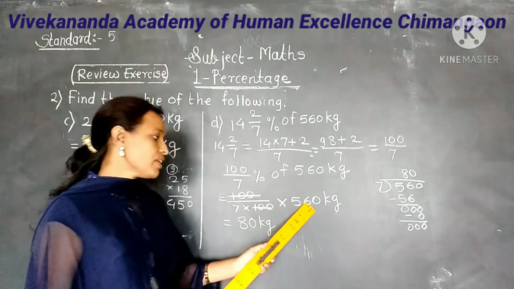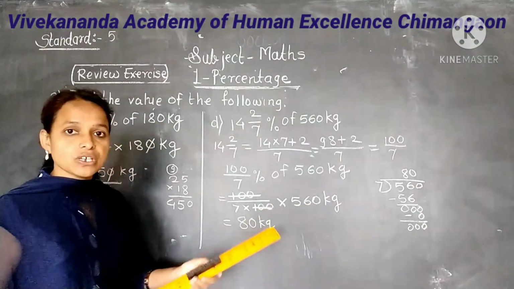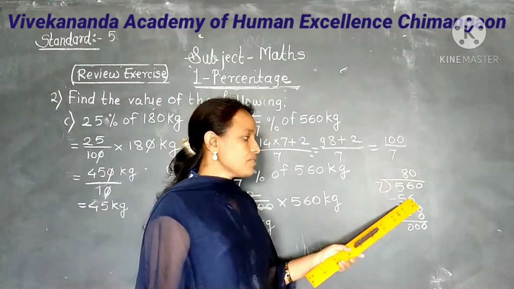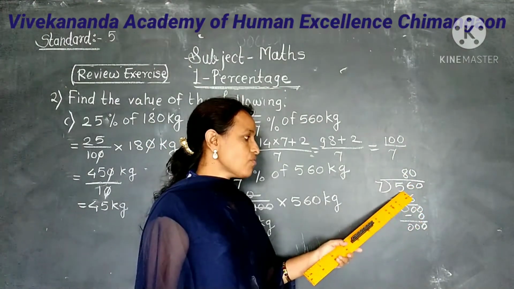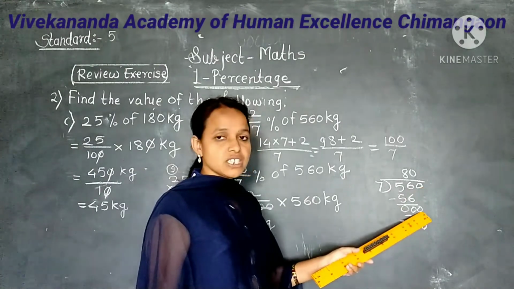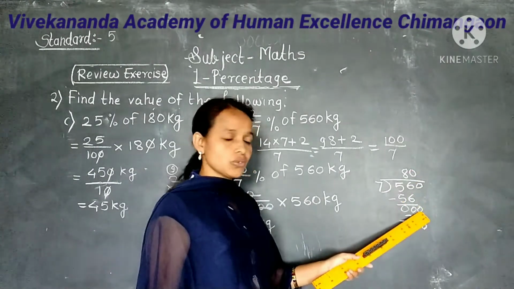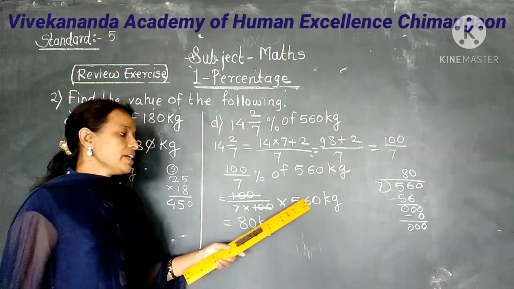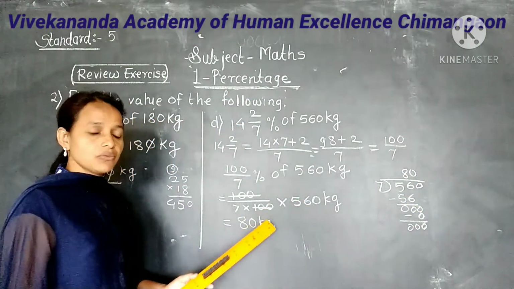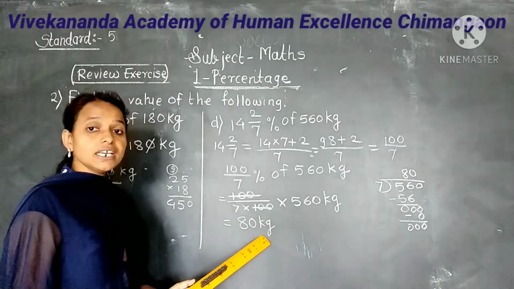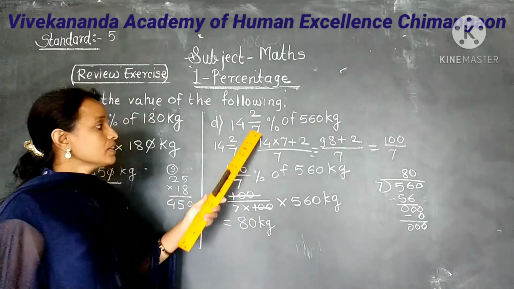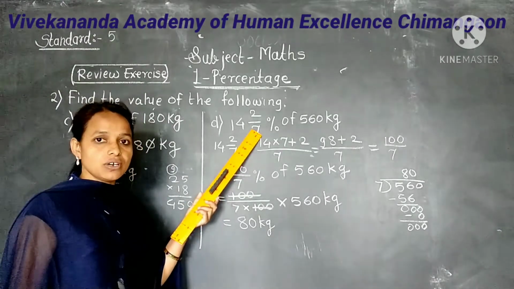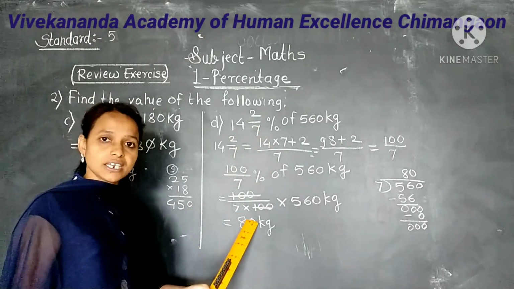Now we have to divide 560 by 7. 7 8s are 56. 6 minus 6, 0. 5 minus 5, 0. Next digit 0 we take down. 7 zeros are 0. So here we get quotient 80. So by dividing 560 by 7 we get here answer 80 kilogram. So the value of 42 upon 7% of 560 kilogram is 80 kilogram.